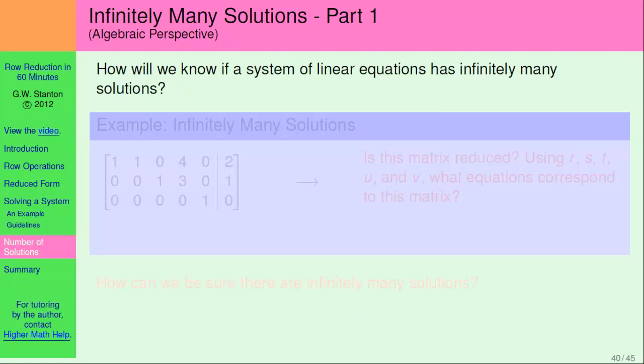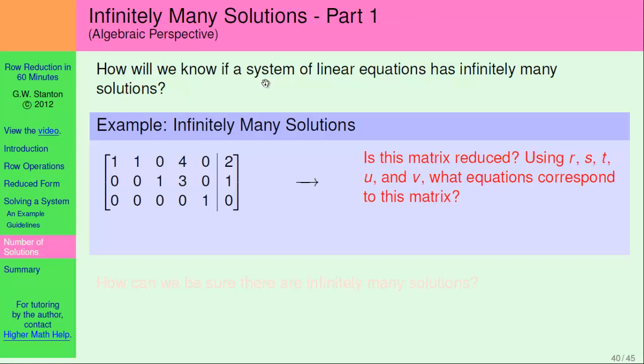Lastly, we have the infinite solution case. And how will we know if a system of linear equations has infinitely many solutions? As usual, let's take a look at an example. First of all, is this matrix reduced? Well, let's see.